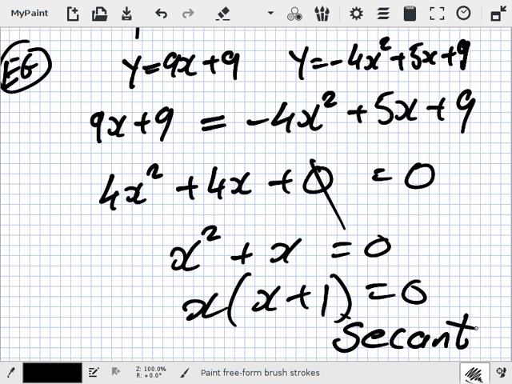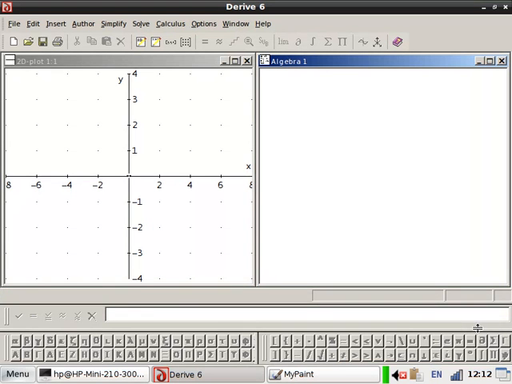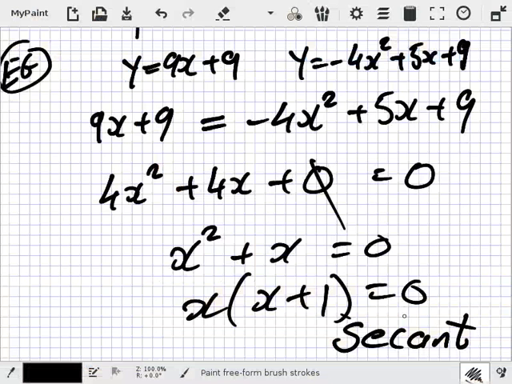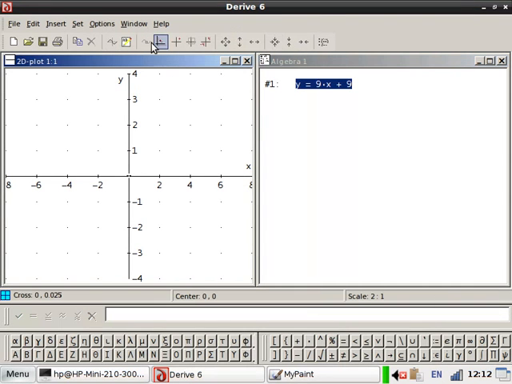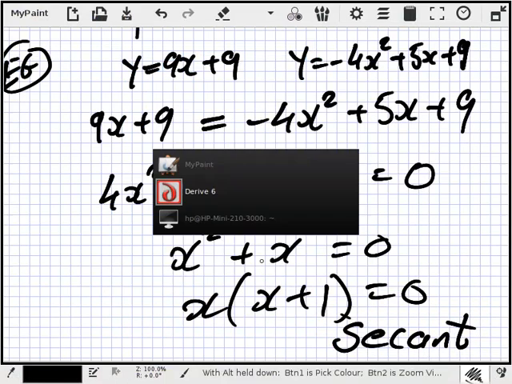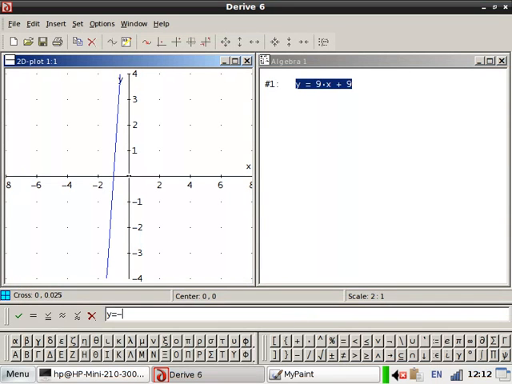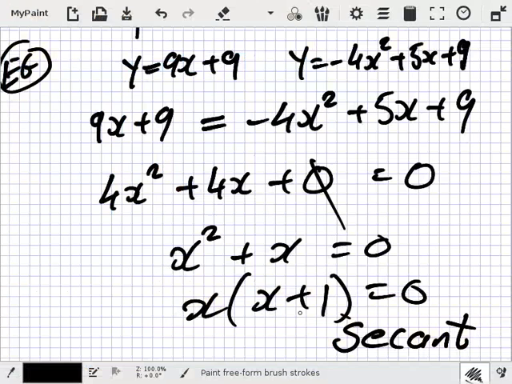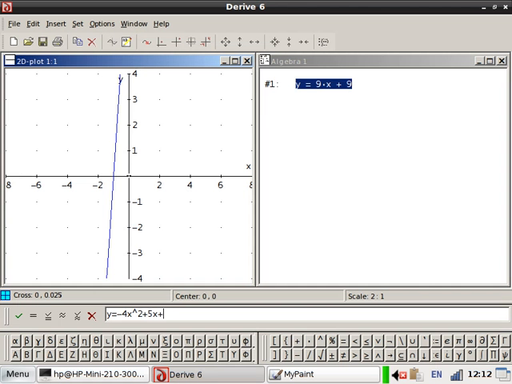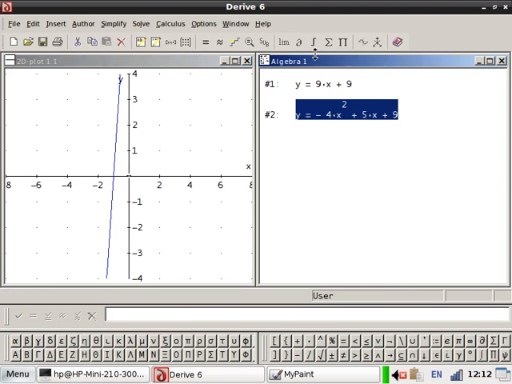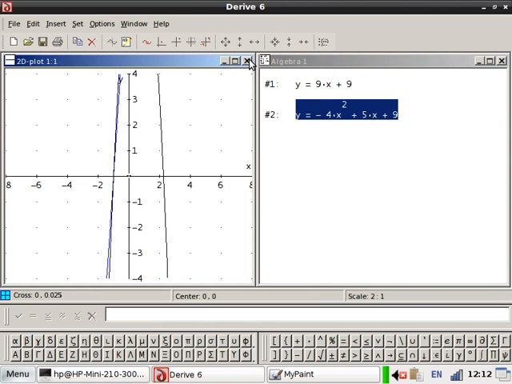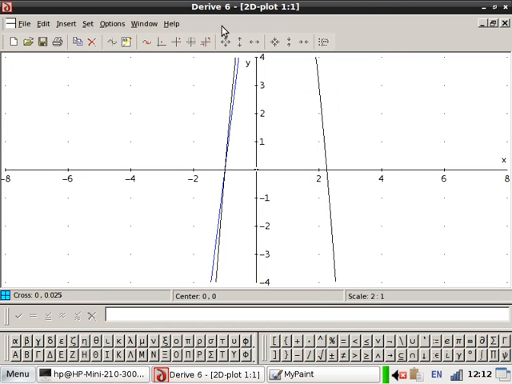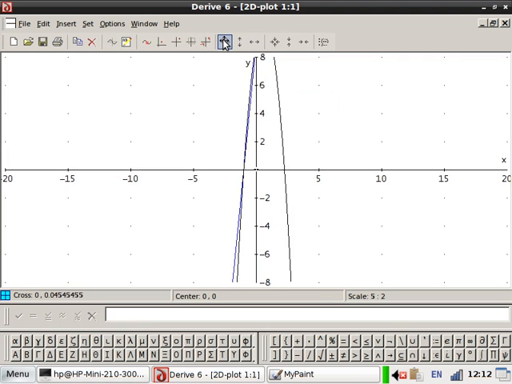Now, let me draw that to show that. I'll draw it here for you. y equals 9x plus 9. y equals minus 4x squared plus 5x plus 9. Now, I'll zoom out.